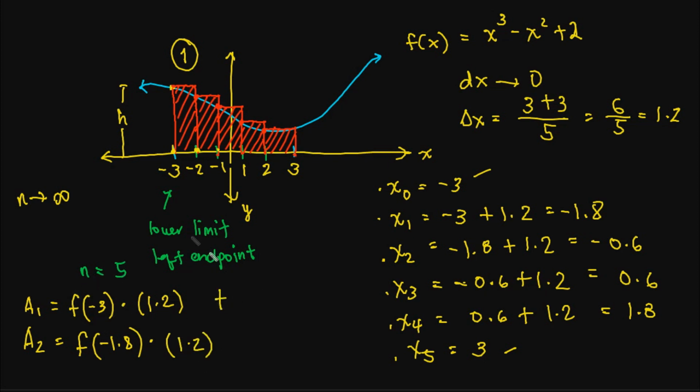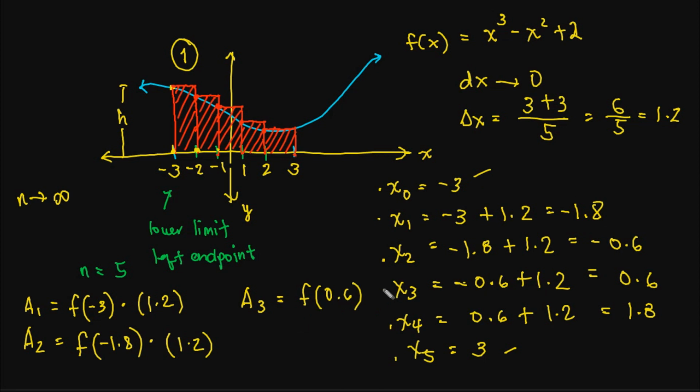And then plus ulit natin yung area 3, which is f of x sub 2. So, that is f of, saan na ba ako? Negative 3, 1, negative 1.8, 0.6. So, that is 0.6.